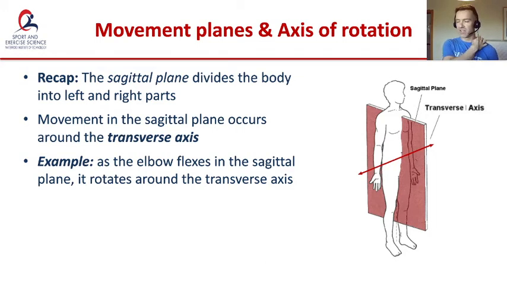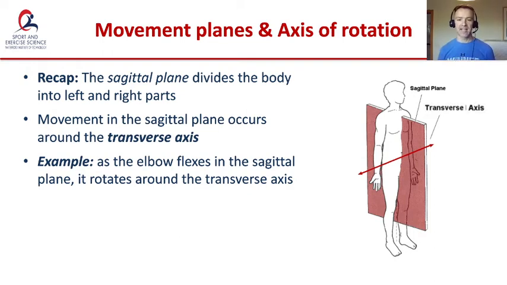Now, the last thing I want to cover is linking the planes of the body that we talked about in tutorial number 1 to movement planes. So, quick recap, we said the sagittal plane divides the body into left and right parts. That is the red cards that we can see passing through the body there.